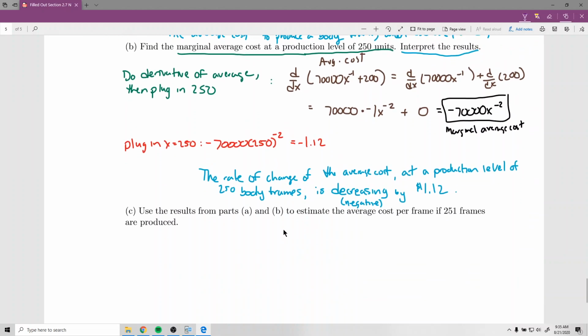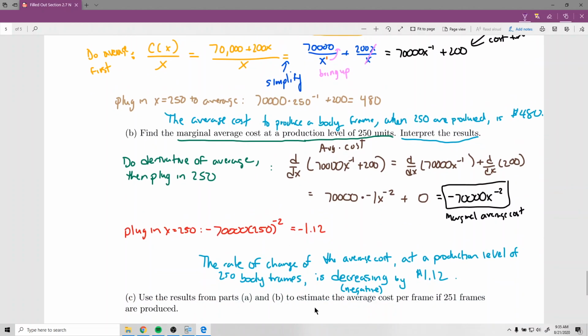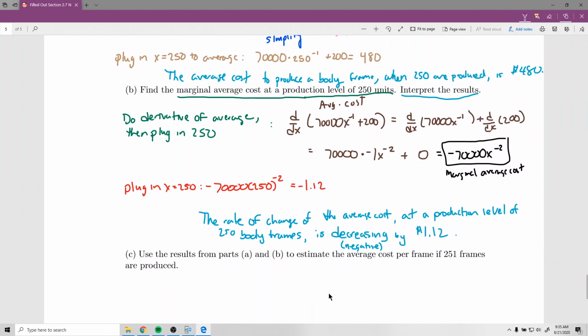All right, part C is to use the results from part A and B to estimate the average cost per frame if 251 frames are produced. Now, if you use the interpretation, this is actually pretty straightforward. The average cost at 250 is $480 and decreasing. This is from part A, and part B says it's decreasing by $1.12.